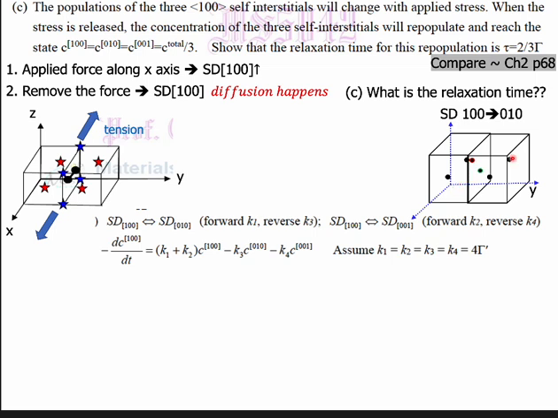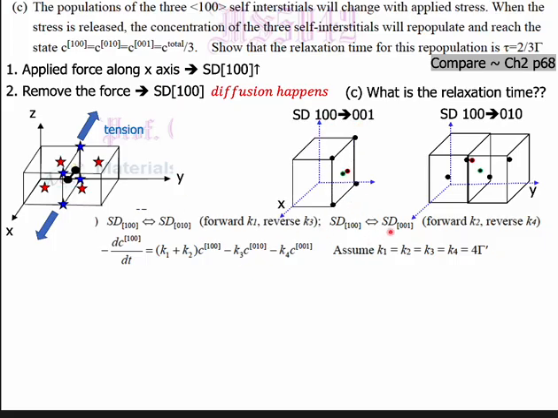So you have 2 plus 2, so 4 possible jumping directions. So I have 4 gamma prime for 100 for K1 and also K3. If you try to reverse it, also 4 gamma prime.